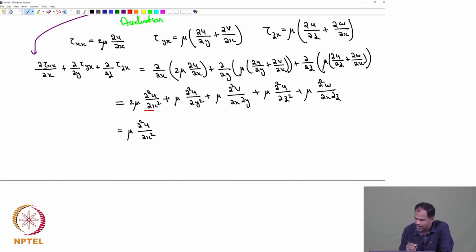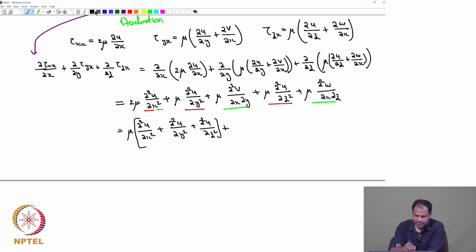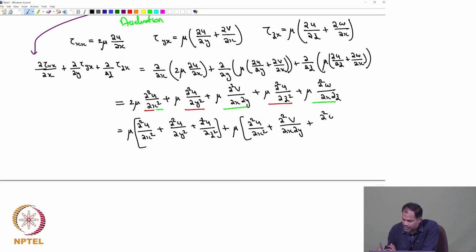I am going to take half of that, and write this and that together: μ times (∂²u/∂x² plus ∂²u/∂y² plus ∂²u/∂z²), and then the other quantities, which is half of that, this and this put together, μ times (∂²u/∂x² plus ∂²v/∂x∂y plus ∂²w/∂x∂z).